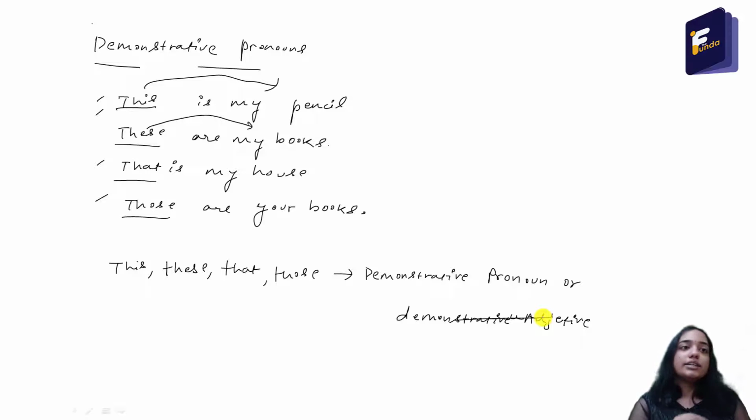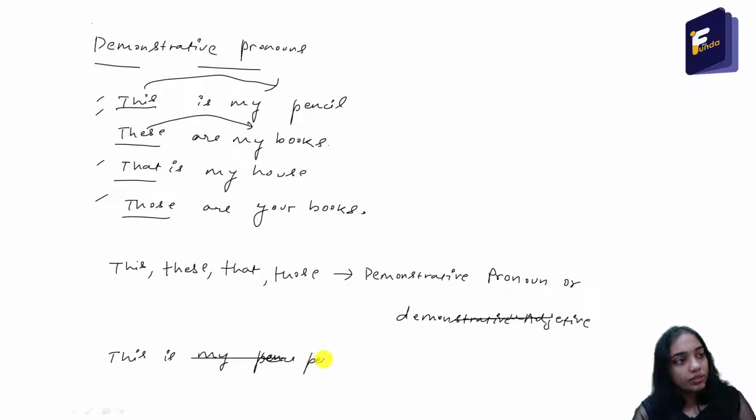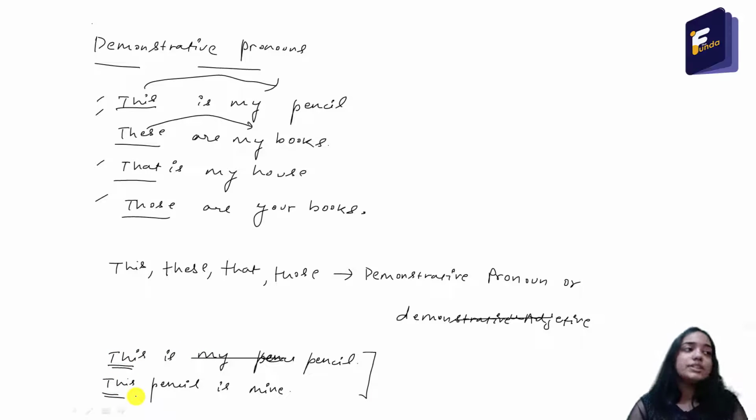So let us distinguish between a demonstrative pronoun and a demonstrative adjective. Let us take some examples. This is my pencil. This pencil is mine. In both sentences the word this is used. But in the first sentence, the word this is pointing out towards the noun pencil.